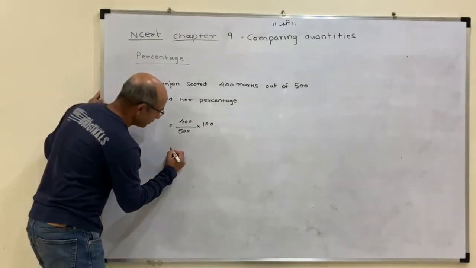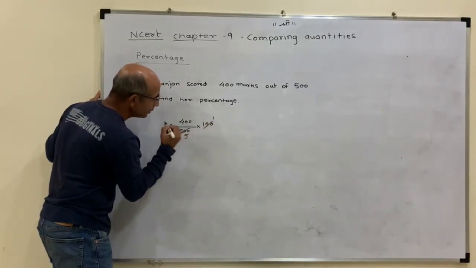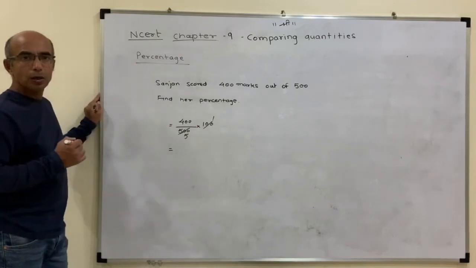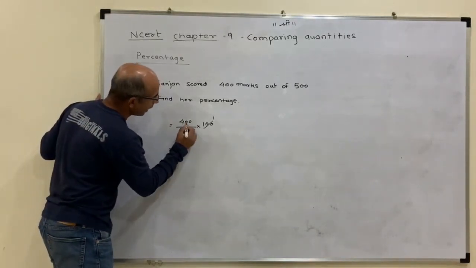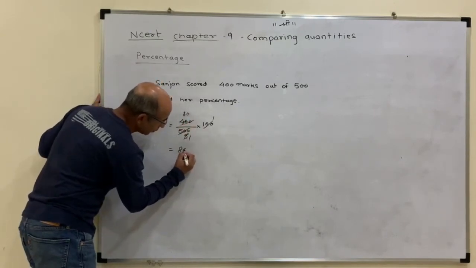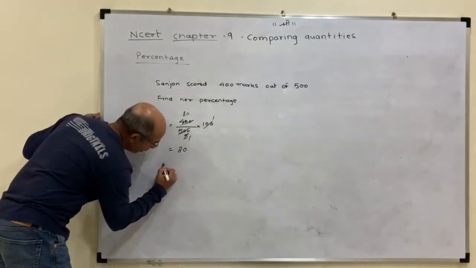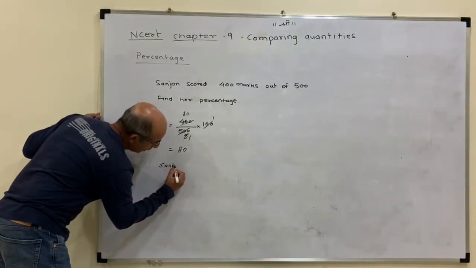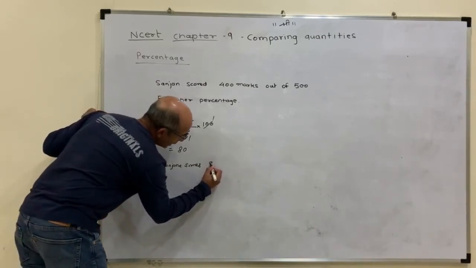So how does it come out? 100 ones are 100, 100 fives are 500. 5 ones are 5, 5 eights are 40, and this 0 here. So it comes out to be 80. So Sanjana scored 80%.